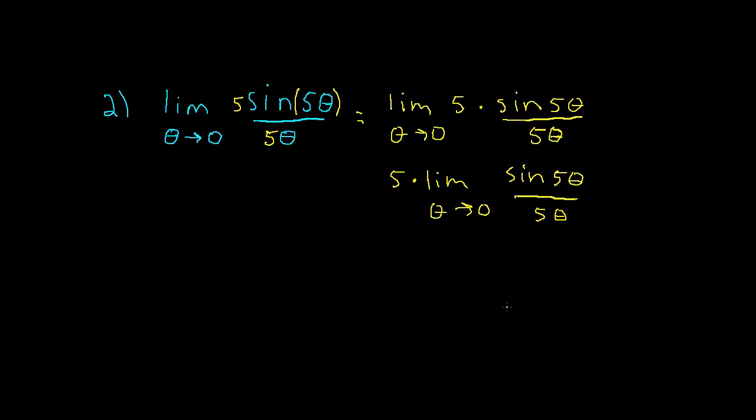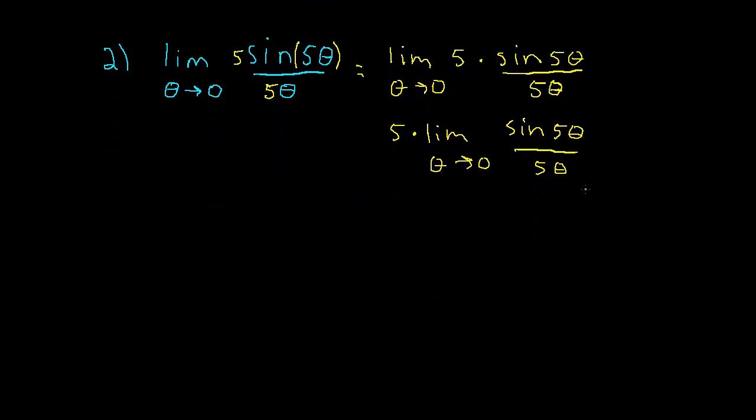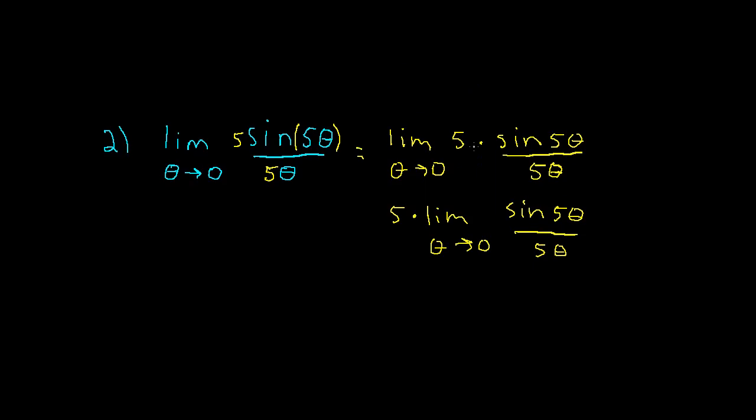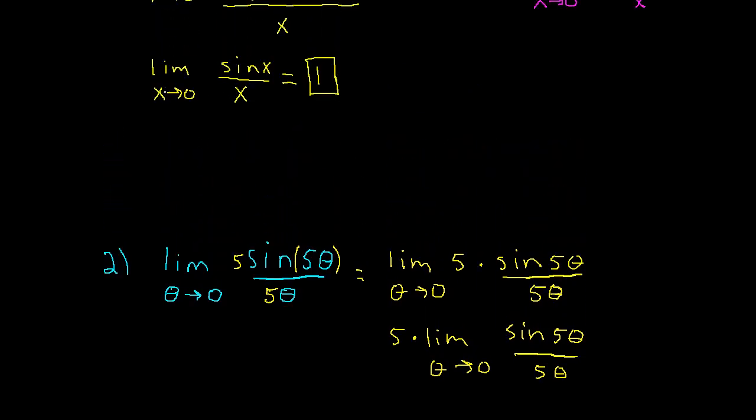So again, you might be tempted to just jump right to this equaling 1, and it turns out that it's going to, but we need to see why. This isn't the exact same form as this one right here. Notice that this is the same as this is the same as this.